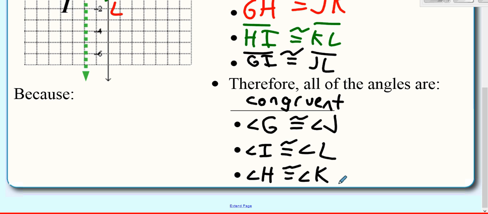They have to be corresponding when you write them out. And again, that reason is the triangles were congruent, which makes all of their corresponding parts congruent.